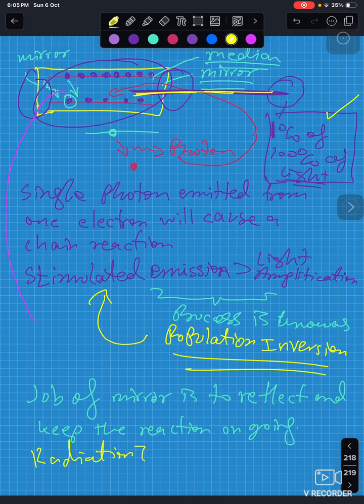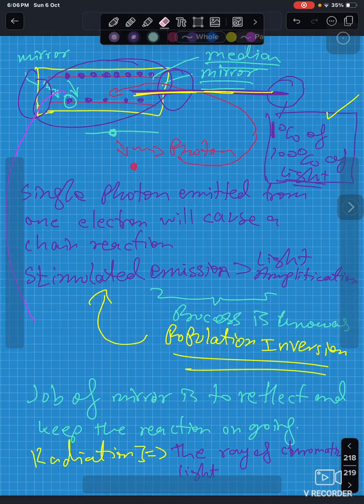Radiation is the ray of chromatic light.